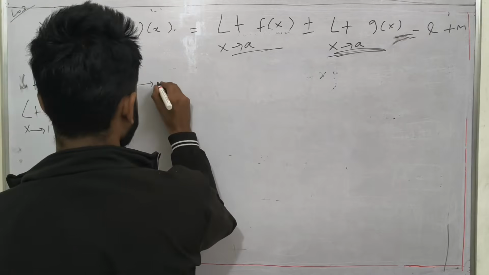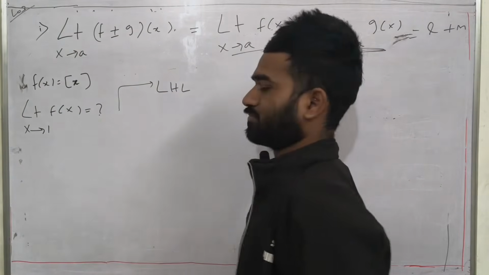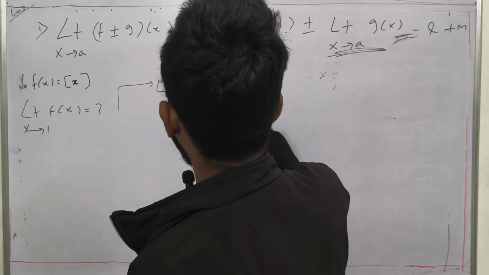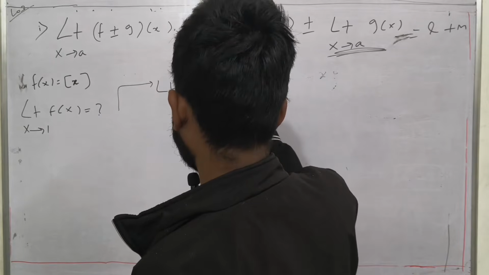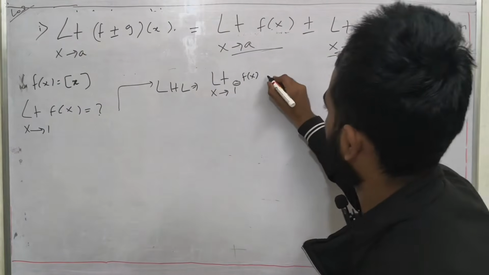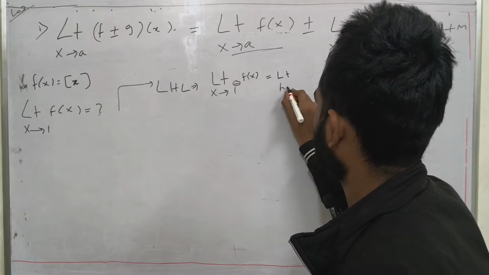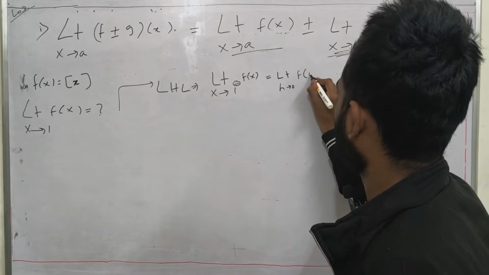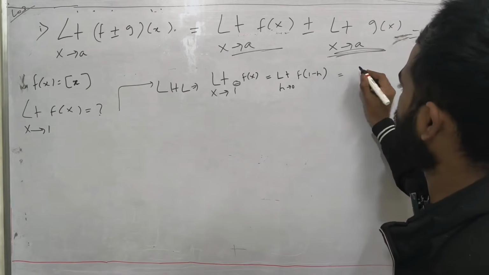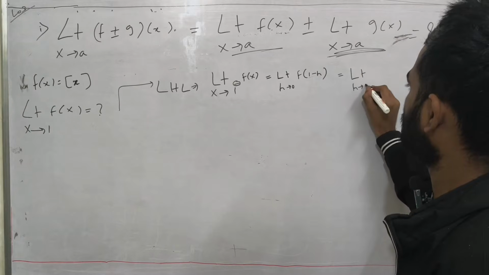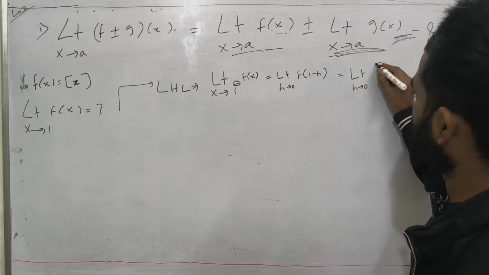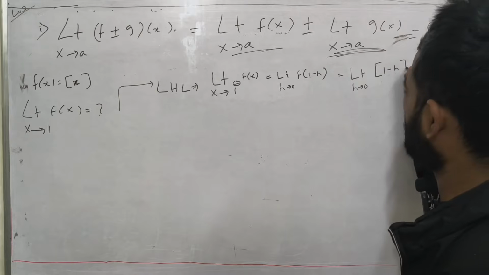Taking the left hand limit, limit x tends to 1 minus of f(x) equals limit h tends to 0 of f(1 minus h), which equals limit h tends to 0 of step of (1 minus h).